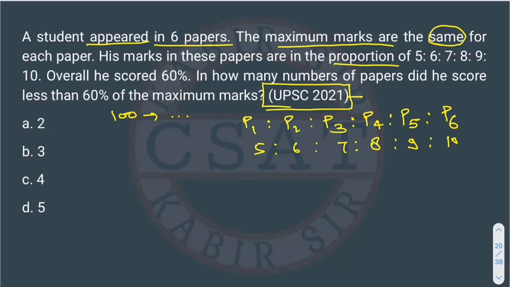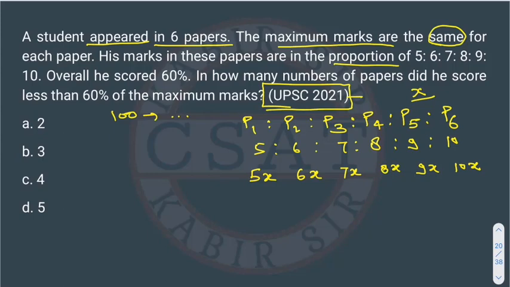We consider some value x, and we multiply x with all. So it will become 5x, 6x, 7x, because the marks will be multiples of x. So in paper 1 the marks will be 5x, paper 2 6x, paper 3 7x.